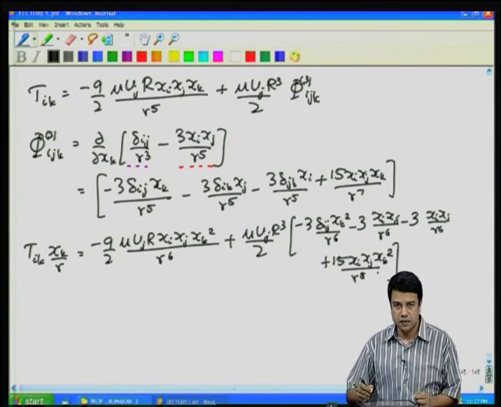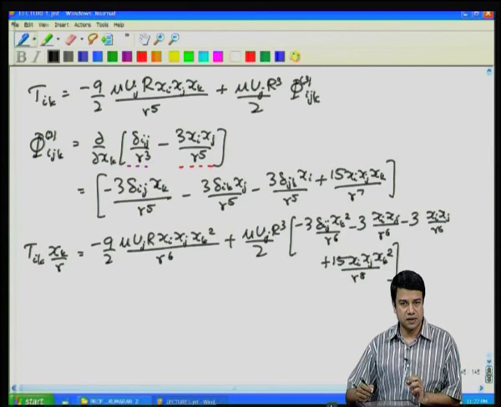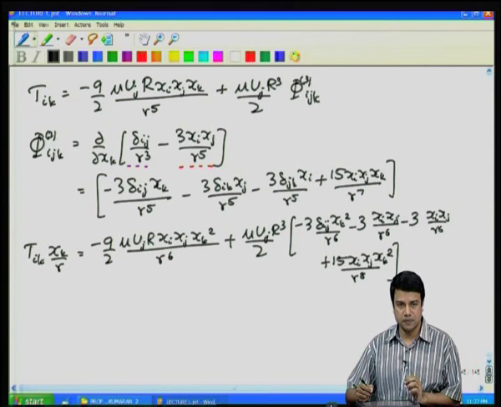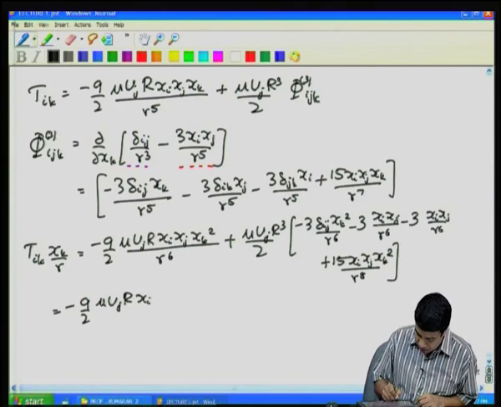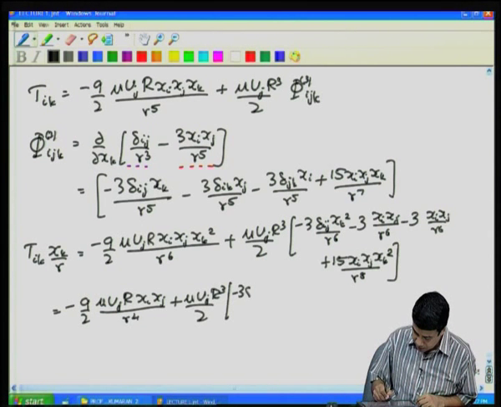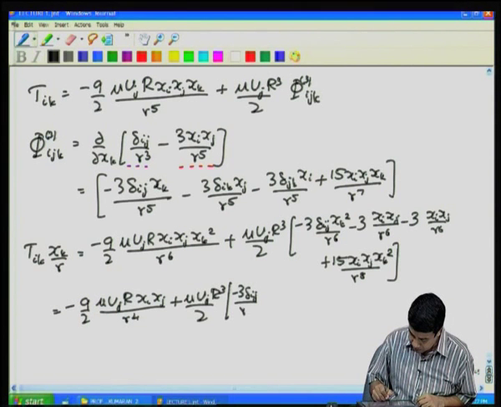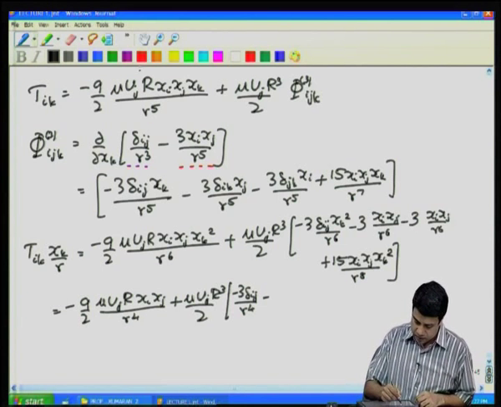So, this can be simplified because x k square, which is just x 1 square plus x 2 square plus x 3 square, is equal to r square. Because x k square is equal to r square, I can simplify this to get minus 9 by 2 mu u j r x i x j by r power 4 plus mu u j r cubed by 2 minus 3 delta i j by r power 4, minus these two terms are identical.